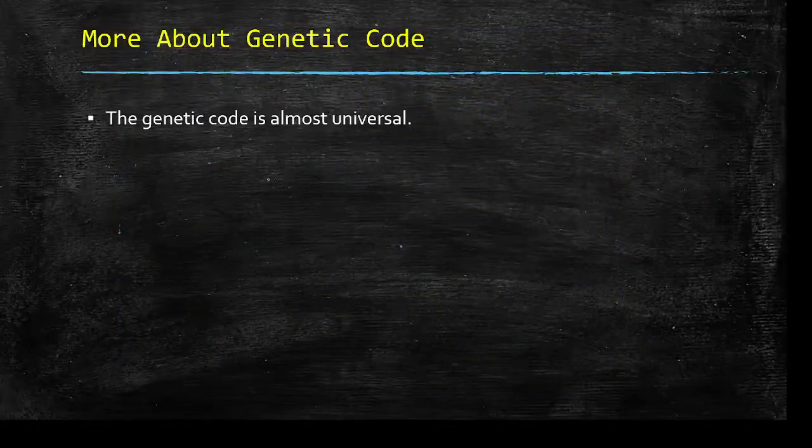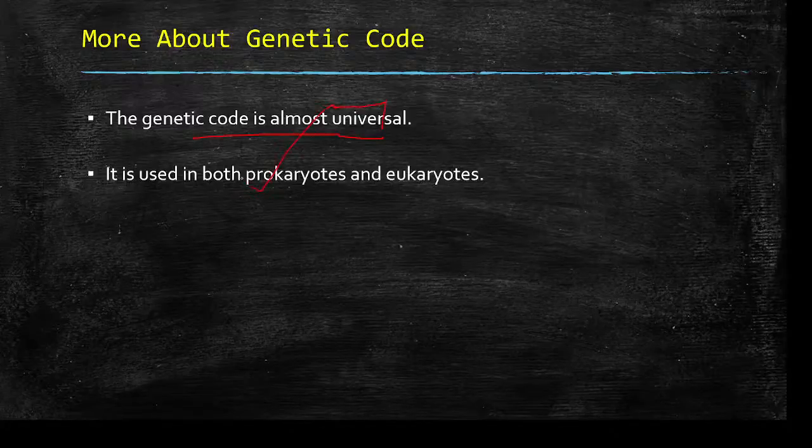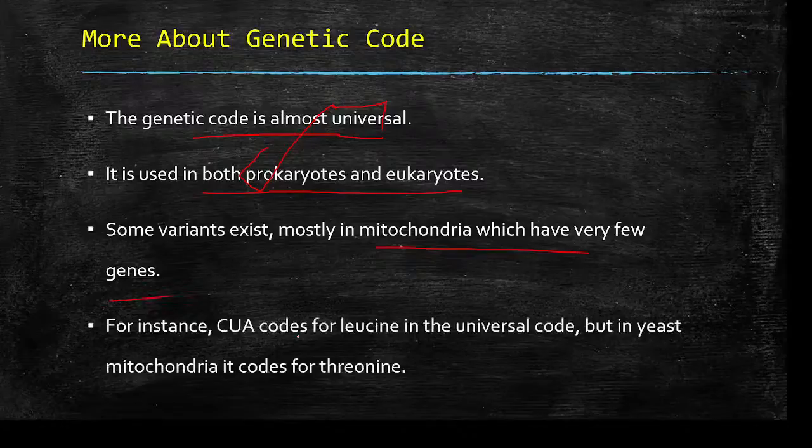The genetic code is almost universal, that is, the same codons code for the same amino acids in humans and in other animals as well. It is used for both prokaryotes and eukaryotes, but there are certain exceptions, mostly in mitochondria, which have very few genes.